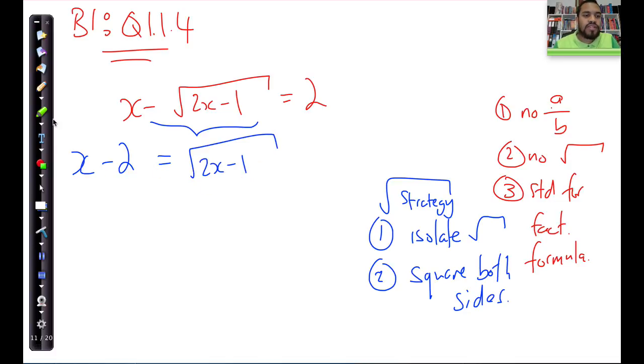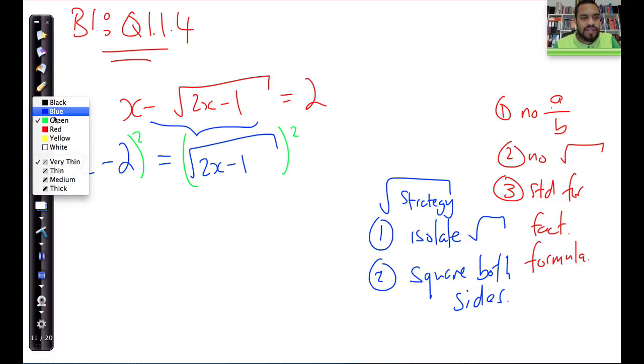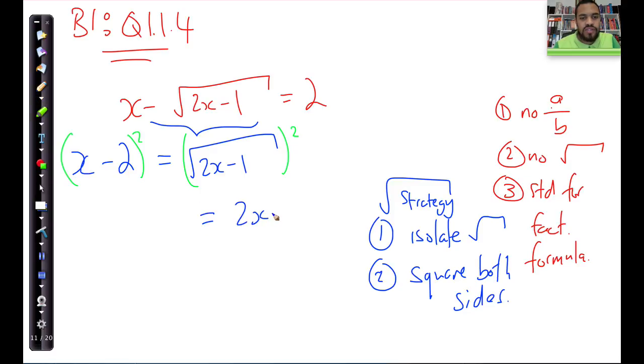Now, to get rid of the root, what I do to the one side, I must do to the other. I square that side, and I square this side. I get 2x minus 1 because the roots cancel with one another, and on this side I get the square of a binomial.